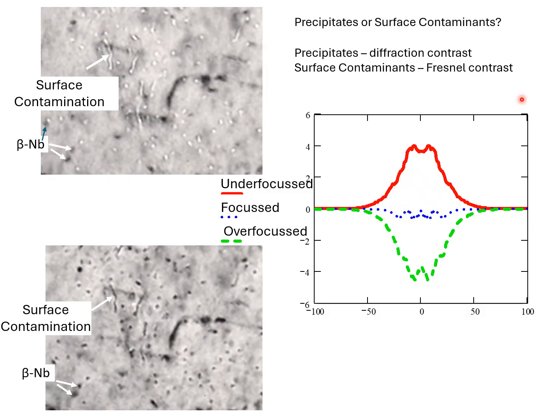Now, this is useful to some extent if you're looking at small cavities, because it might make it easier to see them. If you go through focus, you can see these points going from bright to dark. But a word of caution: contamination on the surface looks the same as cavities. So here are some pictures from 2.5 niobium pressure tubing.